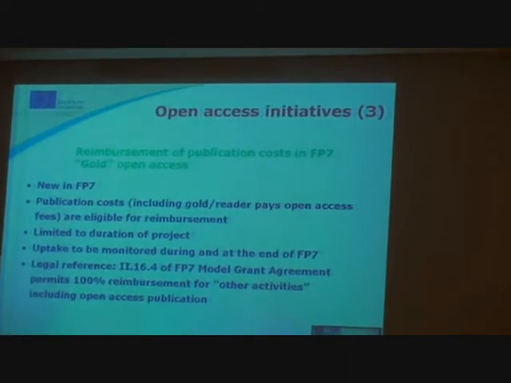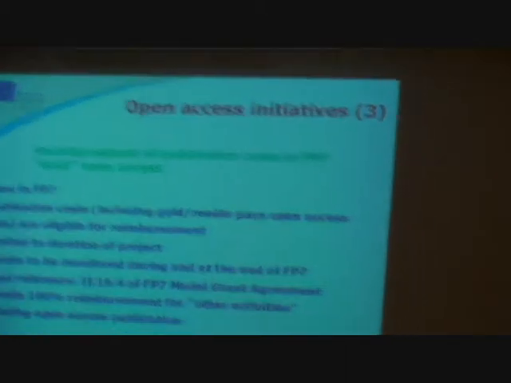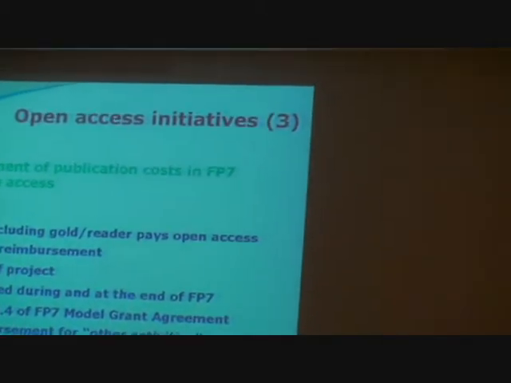And basically, projects can claim reimbursement up to 100% for these costs. The limitation now is that it is limited to the duration of the project. We know that a lot of publications come out of projects after the project ends. So that's currently the limitation. And of course, our interest here is to monitor the uptake of this option to see how much it's used and whether we should continue this possibility in the 8th Framework Program.